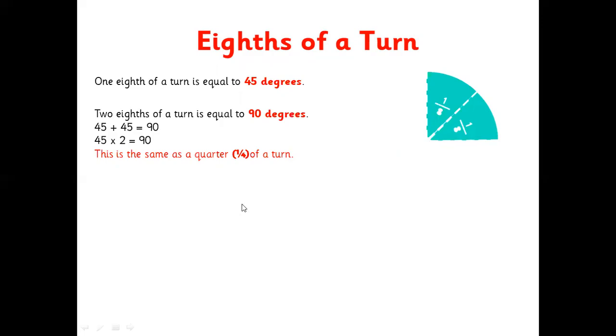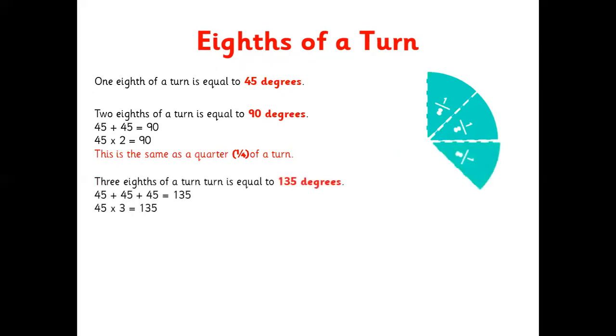We know that's 90 degrees. So a 2/8 of a turn is the same as a quarter of a turn. 3/8, we've got 45, add 45, add 45. 45 times 3 is 135 degrees.